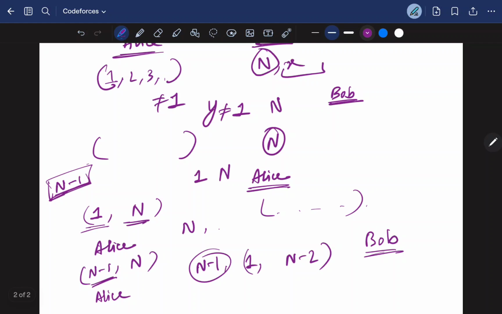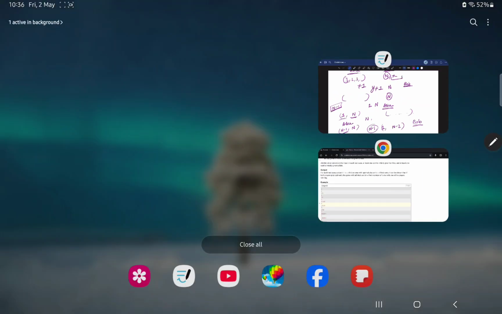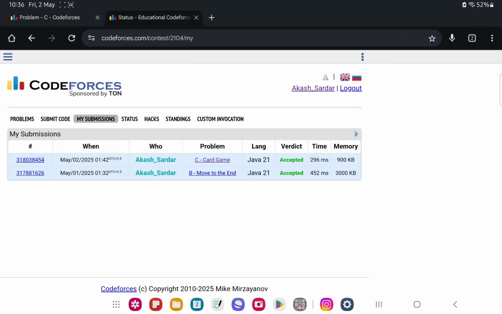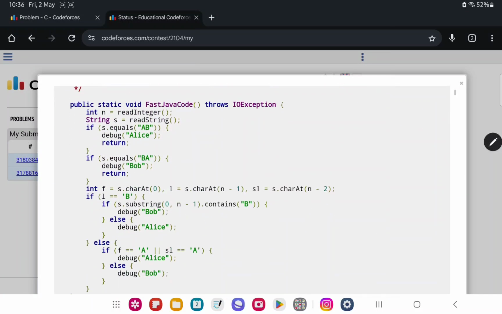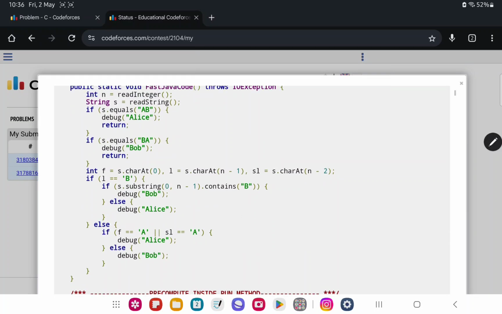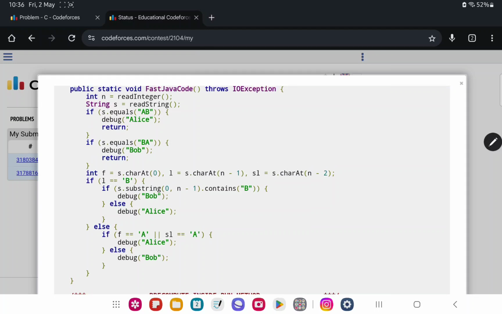Got it? Now let's see the code. Code is simple. We are checking if n is 2, then we can have only 2 cases. One is AB, in that case Alice will win, and if it is BA, then Bob will win.